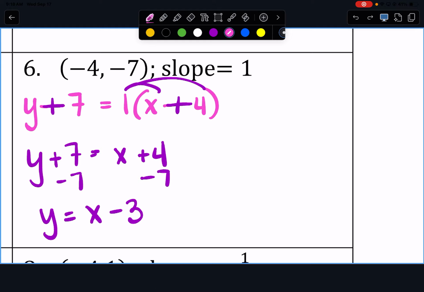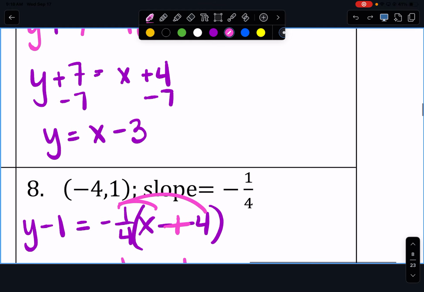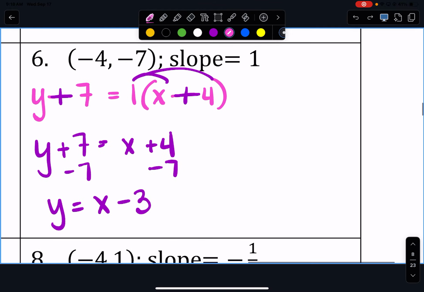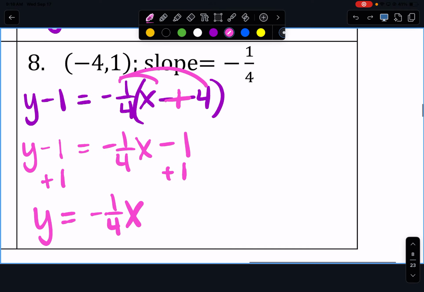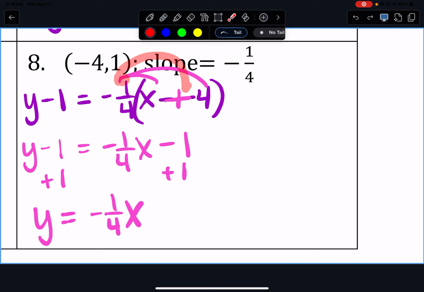Y equals negative 1/4 x plus 2. Just negative 1/4 x. Okay, so I keep forgetting, whenever we multiply any fraction by the number in the denominator, but it says we're adding now, and we're multiplying by a negative. Yep.